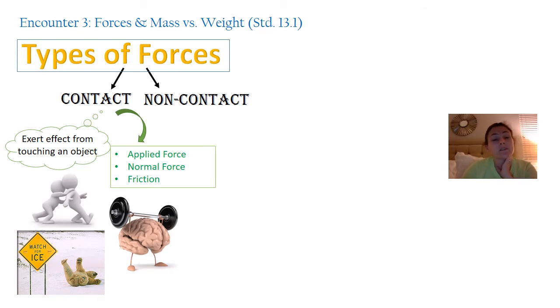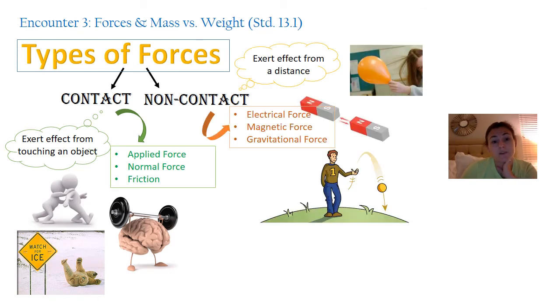The other type of force is a non-contact force. Non-contact forces are those that exert an effect at a distance. There are three types: electrical, magnetic, and gravitational. An electrical force is one where you have positive and negative charges, so electrons. What happens is they become excited.